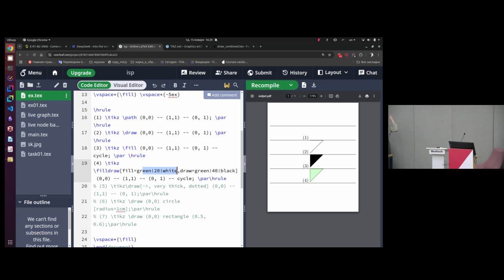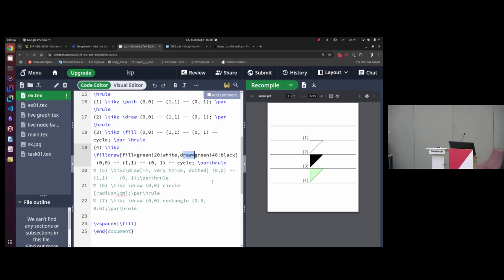We have the special syntaxes for defining colors. What is this color? It is 20% green, and the rest is white. So it's kind of 20% green, 80% white, right? So it's light green. Draw is a special parameter to tell which color we want to see the border. So the border in this case is much darker. It contains 40% of green, other black. So it is almost black, and we cannot see the difference on the screen right now. Is it clear?